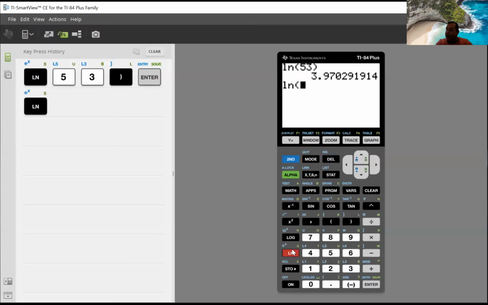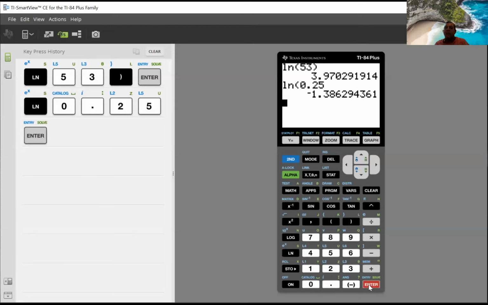So here's my ln of 0.25 once I hit enter. Because that 0.25 is like a fraction, like 1/4, that's why we're getting a negative answer on that. We get negative 1.386. We're going to round that to a 3.